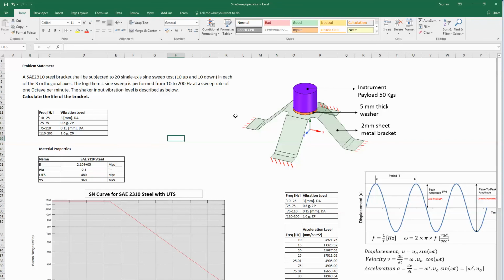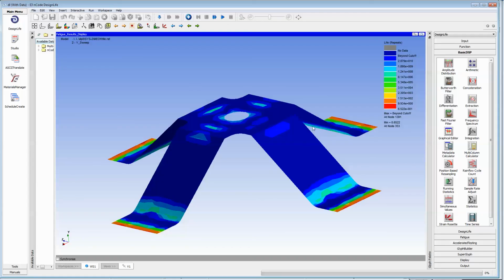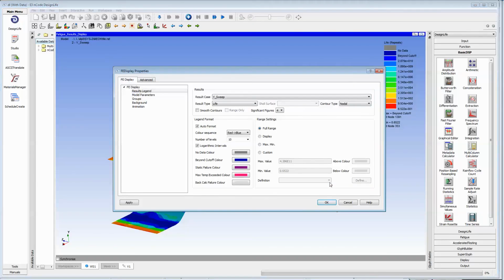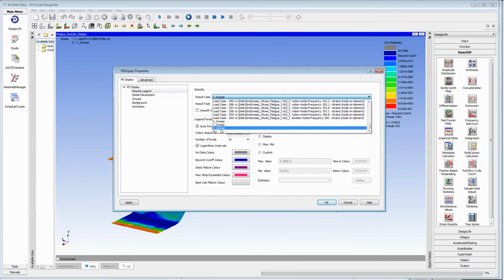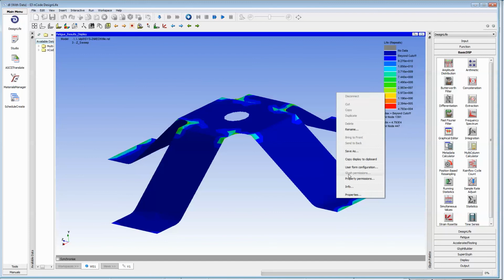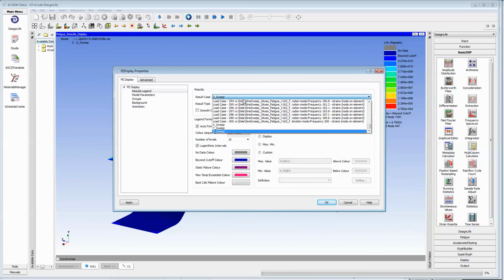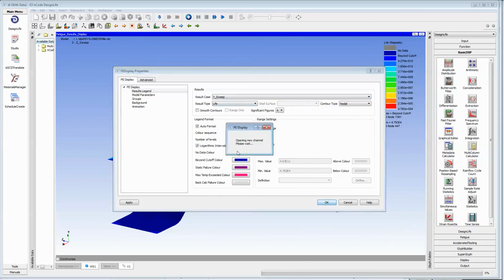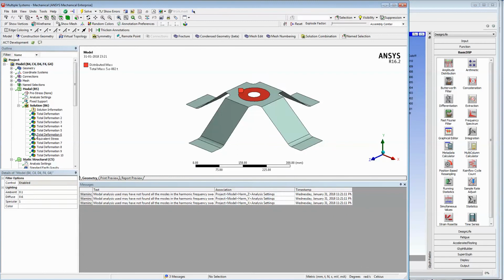It can't withstand, so it really calls for some design changes. Let's look at Z direction. Z direction is also a very large number of cycles, something like 40,000 cycles. It's not a problem. So Y direction is what is really causing the damage.